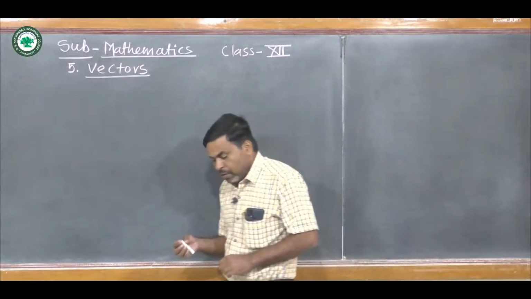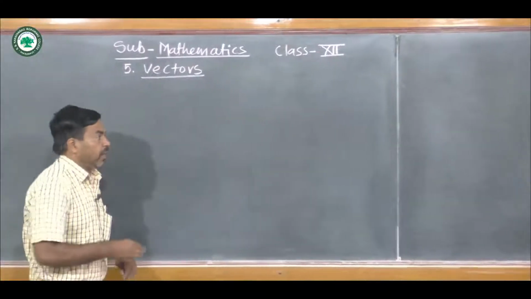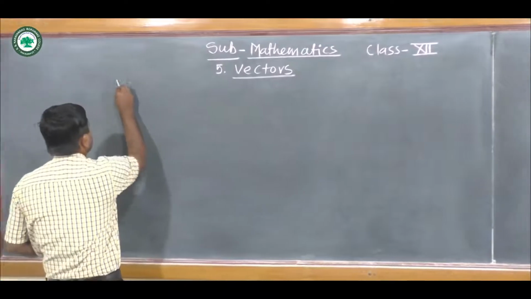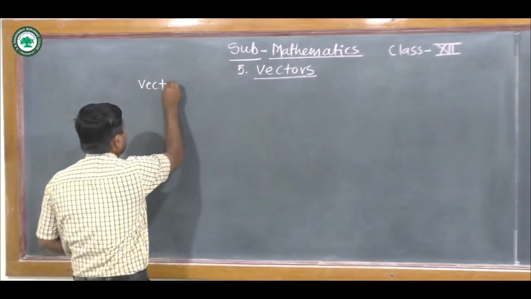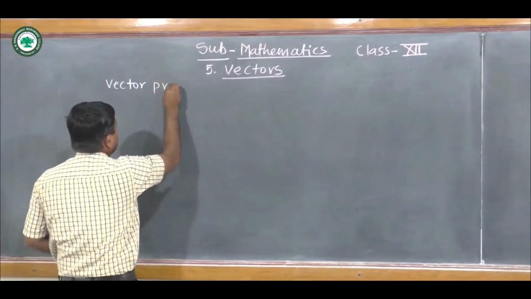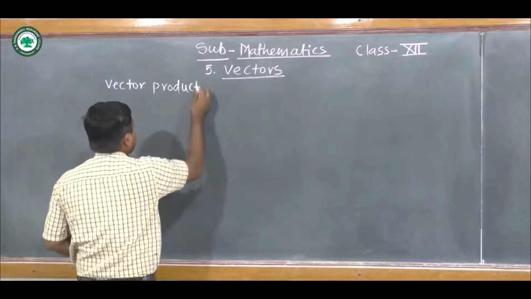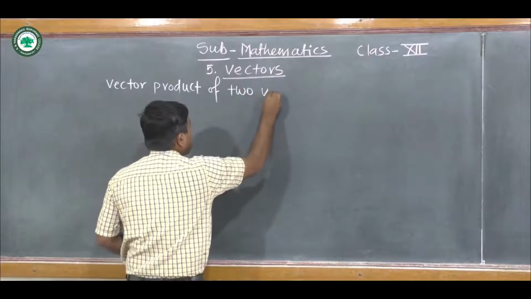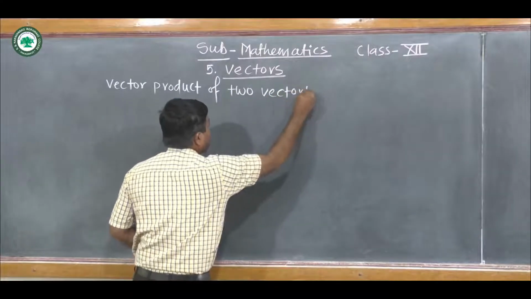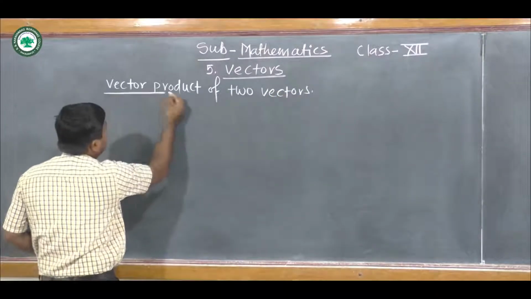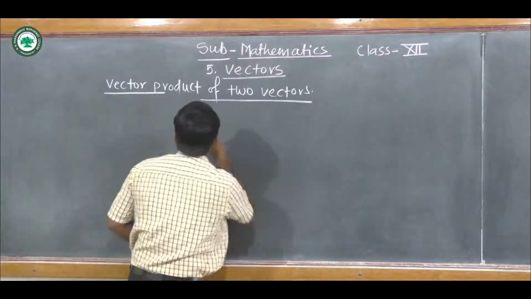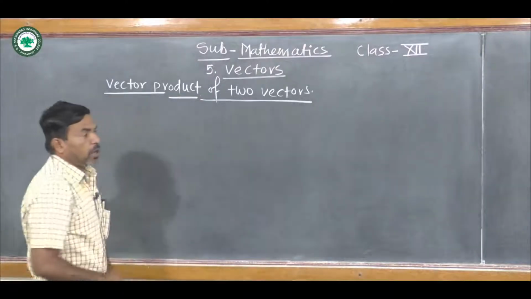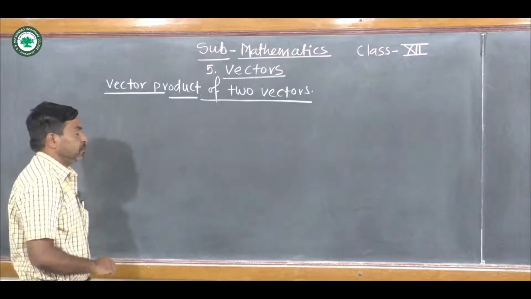So let's see vector product of two vectors.